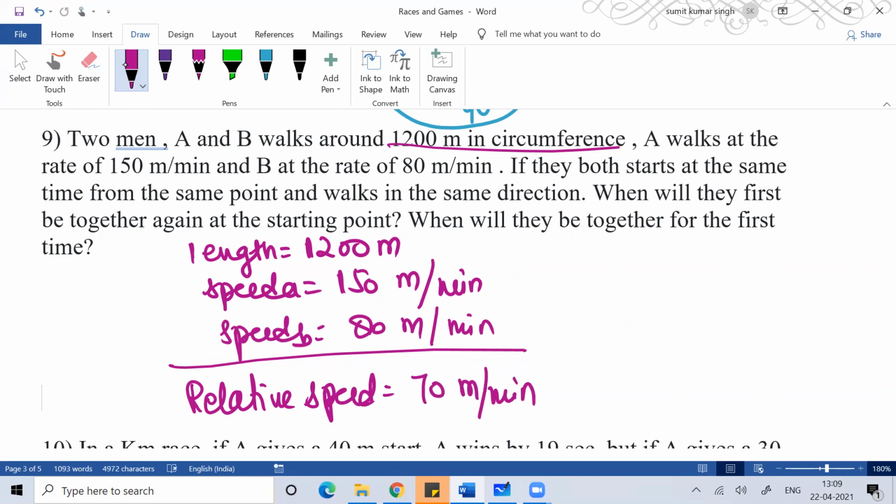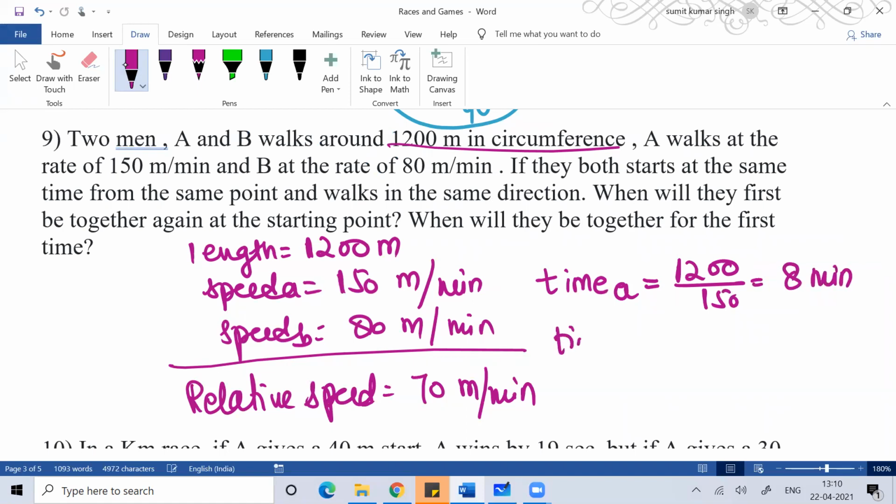When will they be together again at the starting point? For the starting point, it doesn't matter whether you run in the same or opposite direction. What you need to do is find the time taken by A to complete one revolution: 1200 by 150, which is 8 minutes.